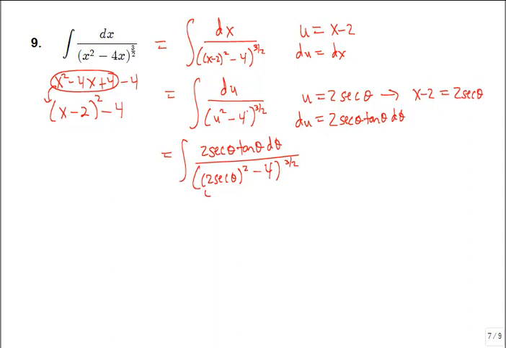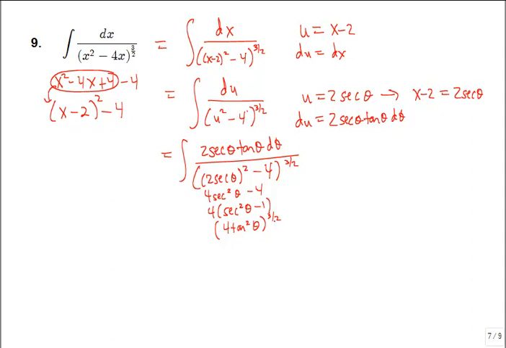That turns into 4 secant squared theta minus 4, which is 4 times secant squared theta minus 1, which is 4 tangent squared theta. And all of that's in the parentheses that's being raised to the 3/2.